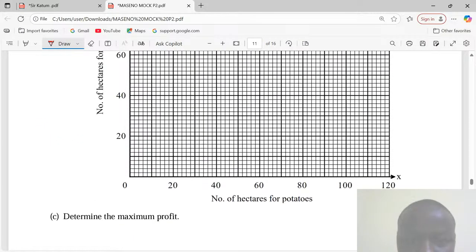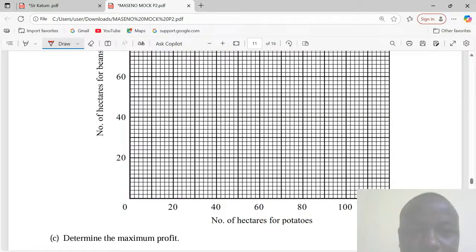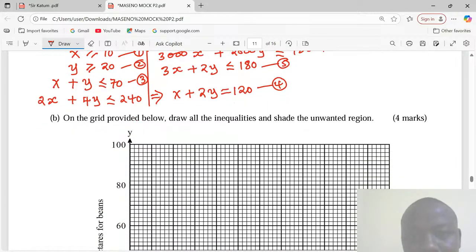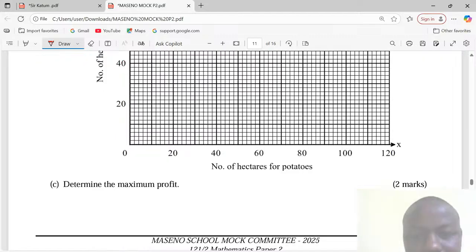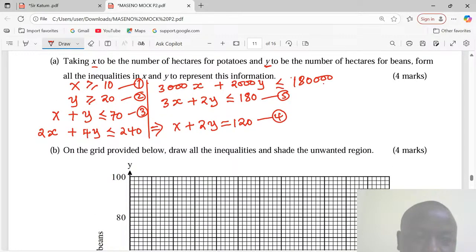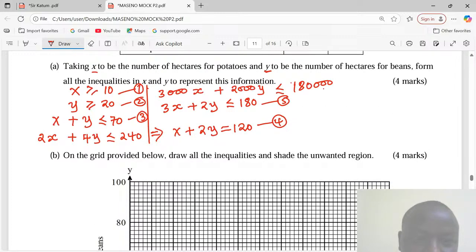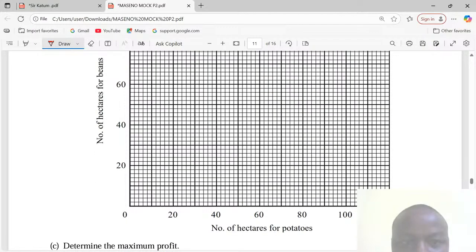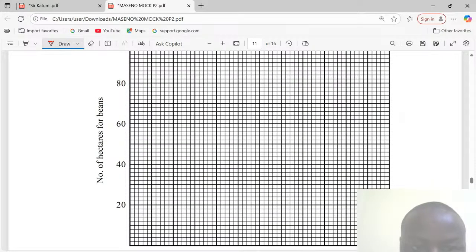The Cartesian plane has been labeled for us. So from the first one, we need to come up with border lines to represent the inequalities. So x equals 10. Because of the nature of the inequality, the line is supposed to be complete. At x equals 10, we do a straight line, which is complete.